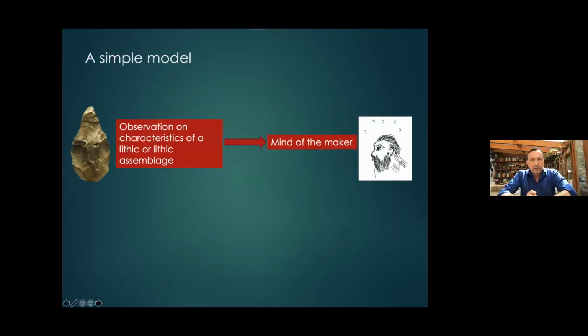So let's start with what we're trying to do. We observe a stone tool or an assemblage of stone tools, and we want to end up with some understanding of the mind of the maker. And our big problem is all wrapped up in that arrow and what is going on in that arrow.